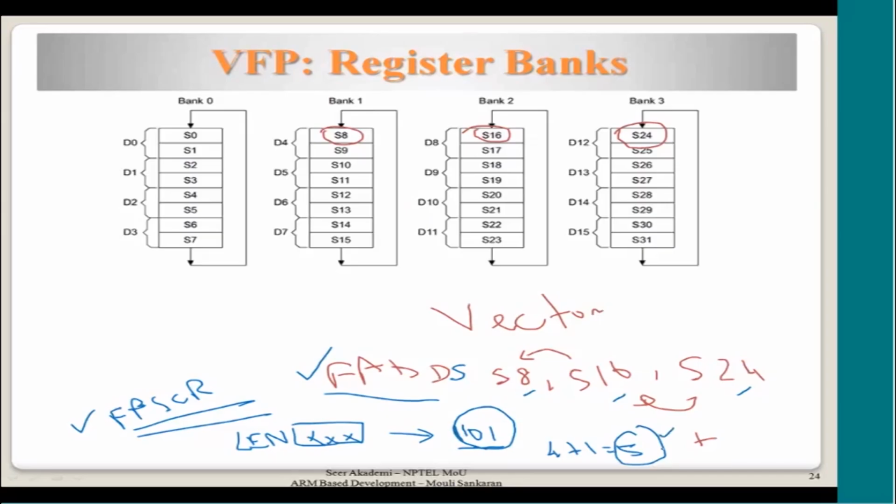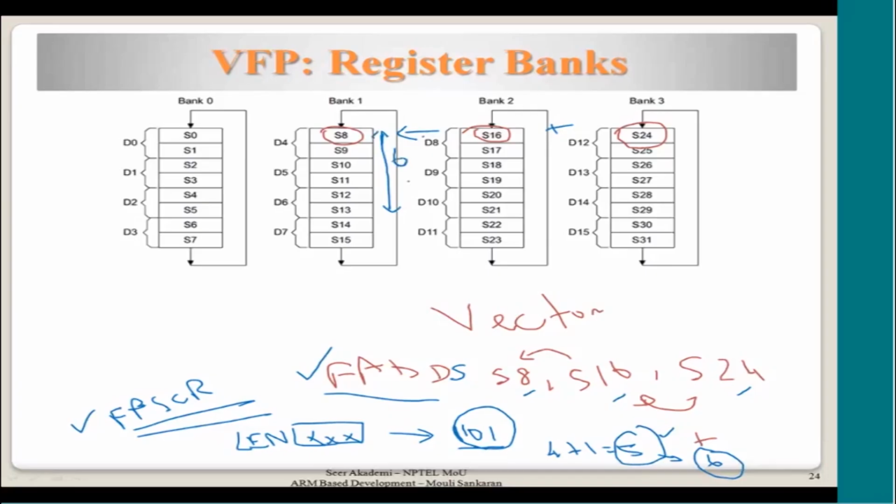Then it adds 1 to this value, and it assumes that you are interested in performing not a single scalar operation. You are not interested in just adding S16 plus S24 and writing into S8. You are interested in performing a set of 6 vector operations.